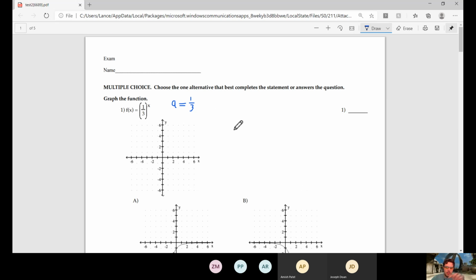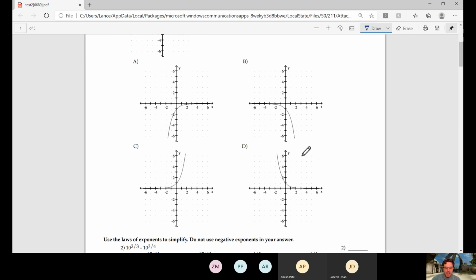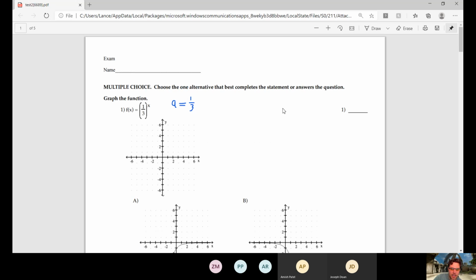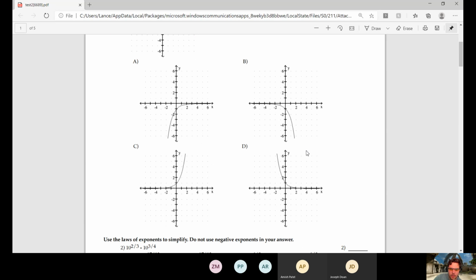But since it's between 0 and 1, it's exponential decay. So if it was 3 to the x, it looks something like this. But since it's 1/3 to the x, it's getting smaller as it moves to the right. Make sense? Everybody follow along? But when you deal with these, you focus on the a and what that looks like. So the correct answer is D right here. You did say that. Good job.